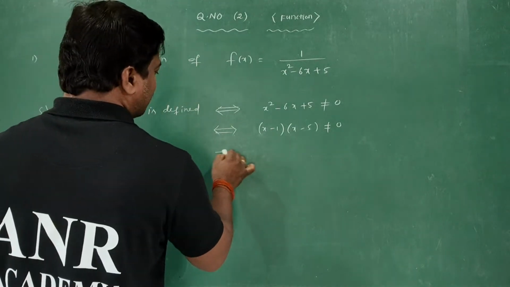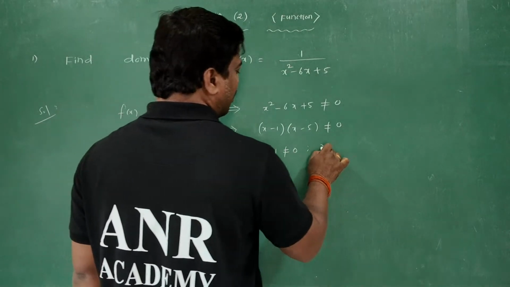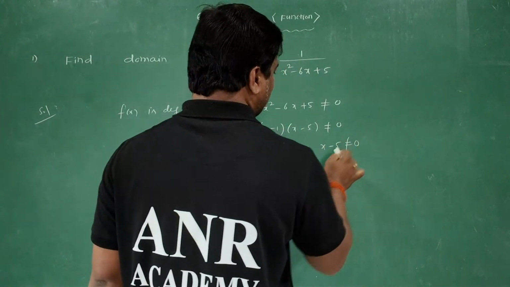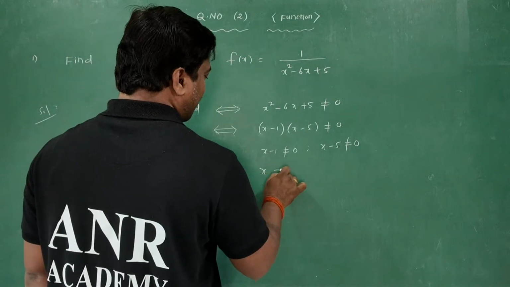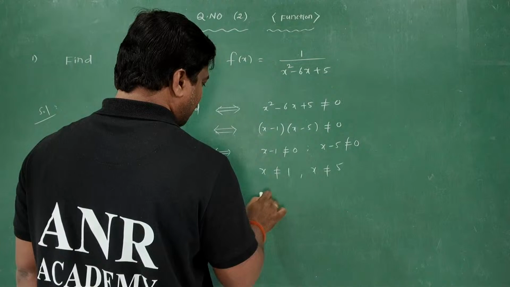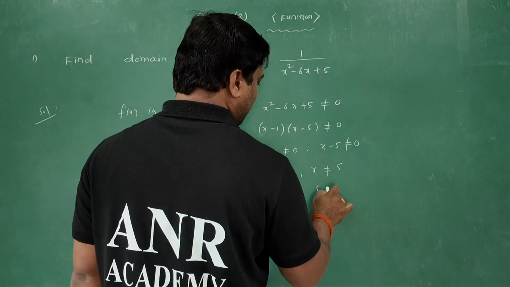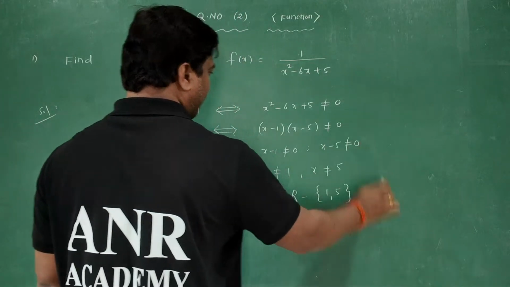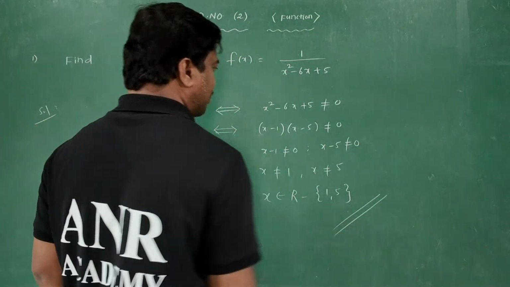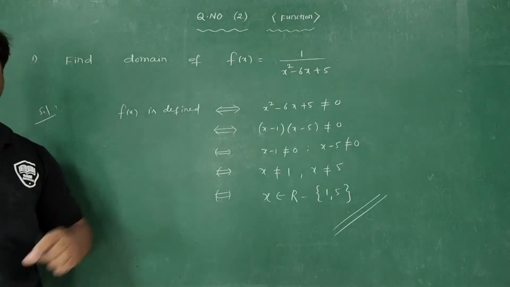So from this I can write x minus 1 non-zero and x minus 5 non-zero, so that x not 1, x not 5, so x is any real number but not 1, 5. This is your answer, for what values of x the function is defined.